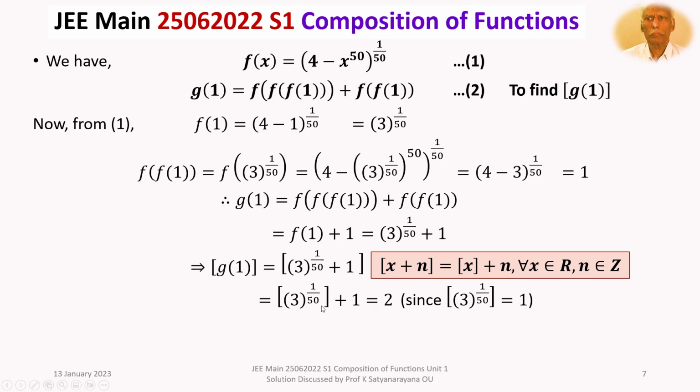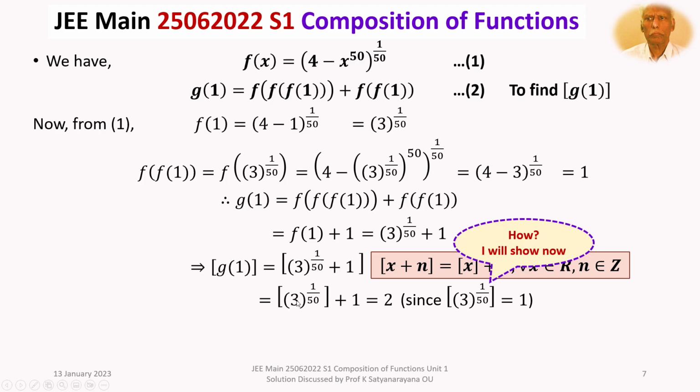So the bracket of 3 power 1 by 50 is 1. How it is, I will show you after this slide. Let's first of all take this as the result, that is bracket 3 to the power of 1 by 50 is equal to 1, that is the greatest integer less than or equal to 3 power 1 by 50 is 1.